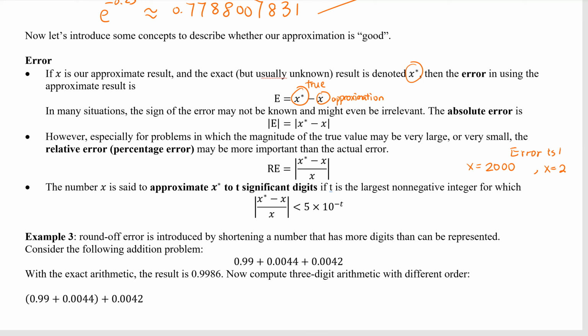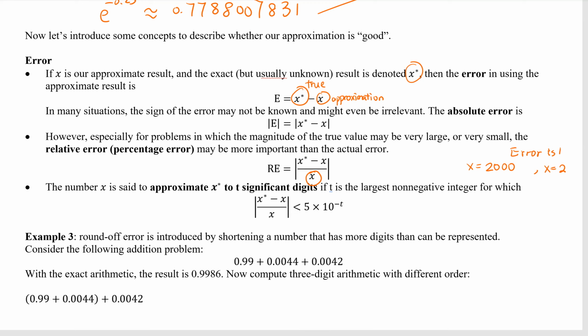So the relative error, RE, equals the absolute value of the true value minus the approximation, over the approximation. Why over the approximation instead of the true value? Because usually the approximation is easier to calculate. That's why the denominator is the approximation.